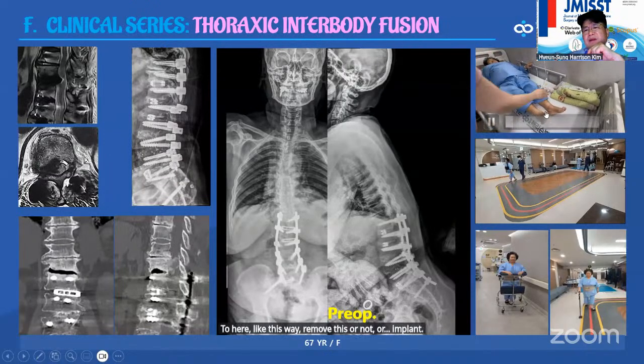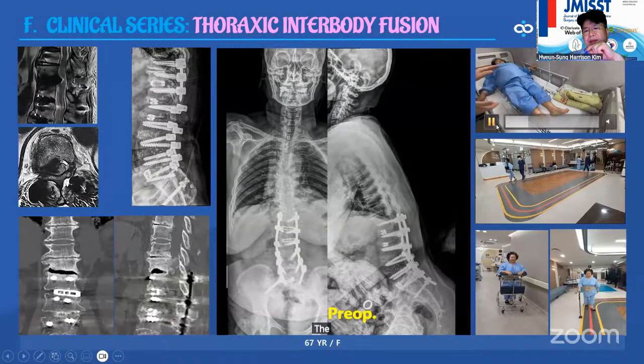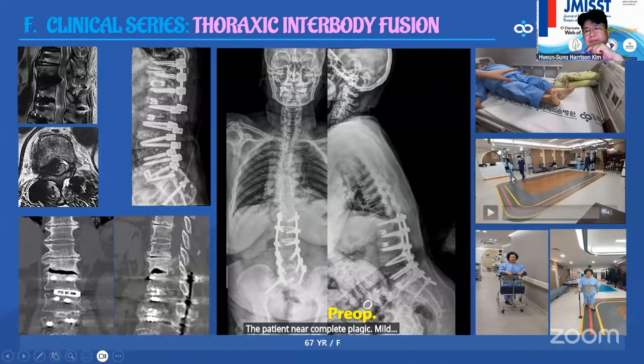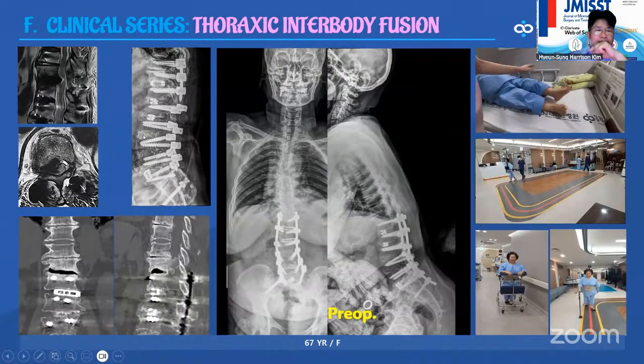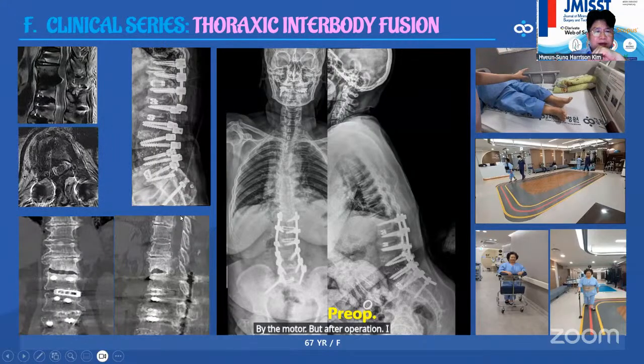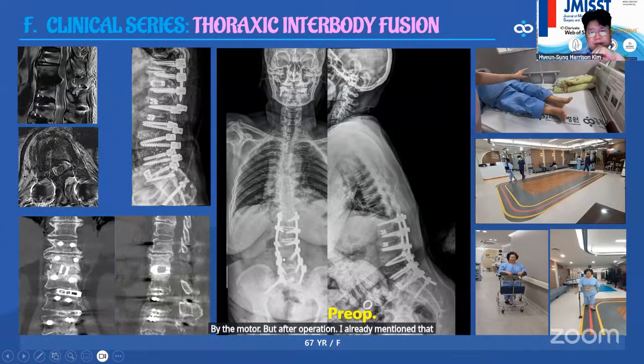At the initial stage, the patient was near complete plegic, with mild motor function. After the operation, I already mentioned sufficient decompression also.